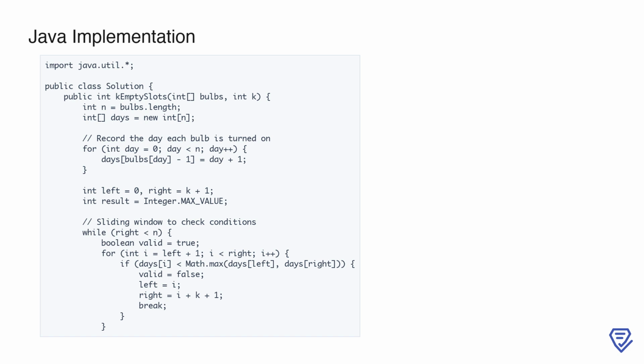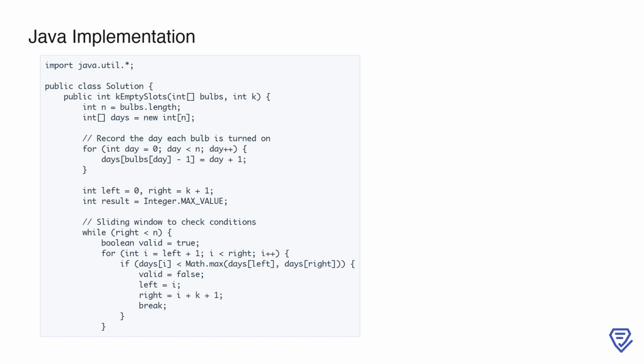The days array will help us track the day each bulb is turned on. For example, if bulb 3 is turned on day 1, then days[2] will store the value 1. Next, we set up 2 pointers, left and right, to define a sliding window that spans k+1 bulbs apart, and initialize result to Integer.MAX_VALUE to store the minimum day that meets our condition.